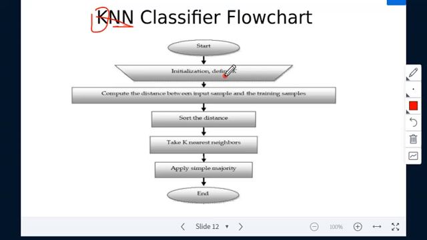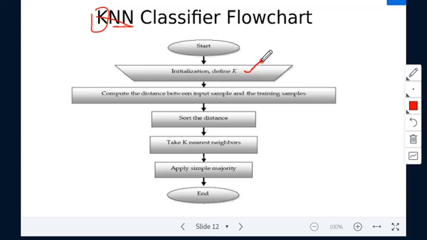So first we have to load the training and the test data. Next, we have to choose the value of k, that is the number of nearest data points.